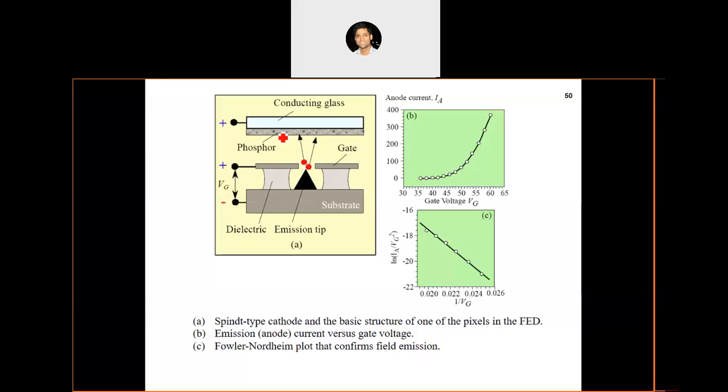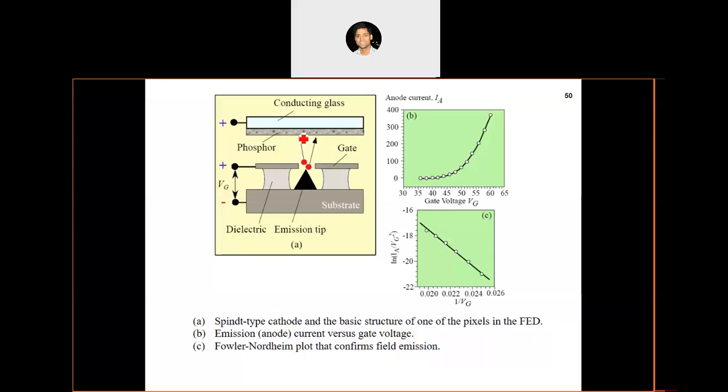On the surface of the anode, we have these phosphor materials. These are materials which can provide a cathodoluminescence effect. The electrons being emitted from here collide with the electrons in this phosphor material.